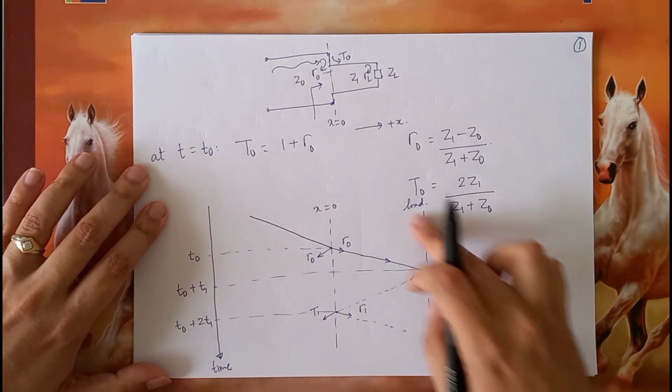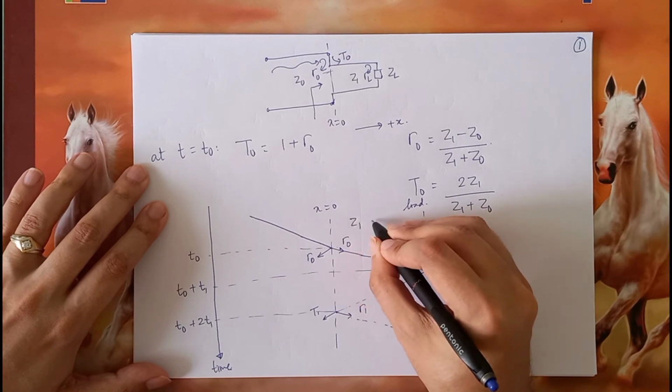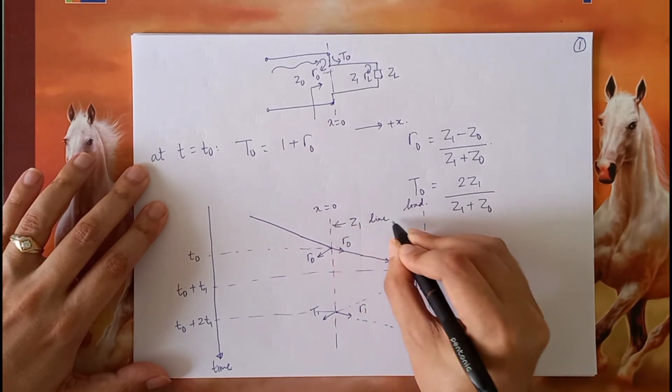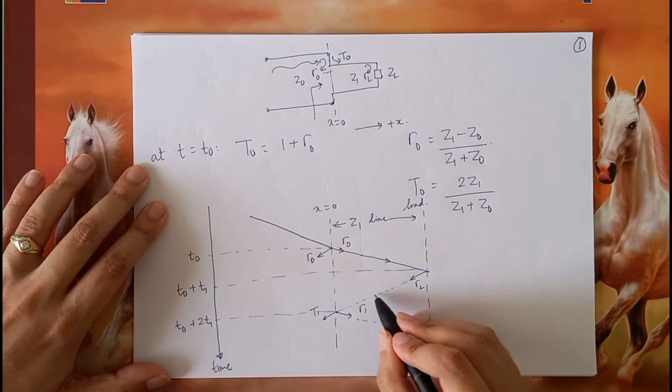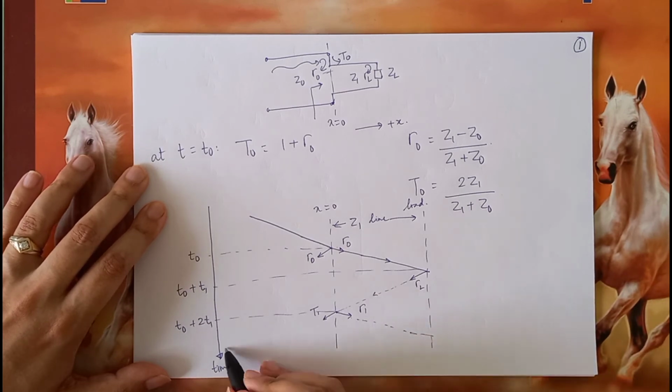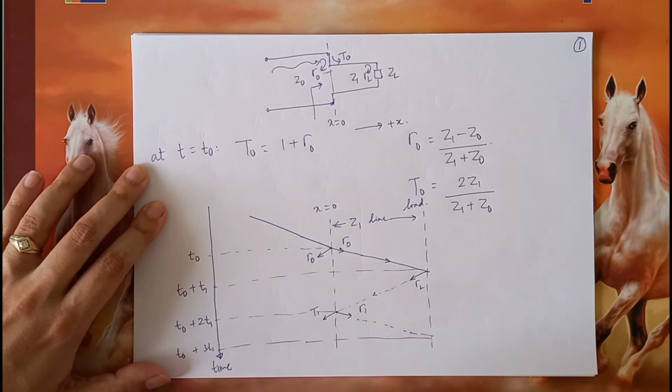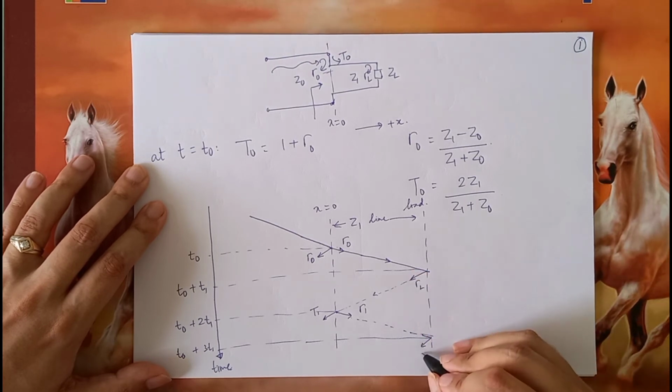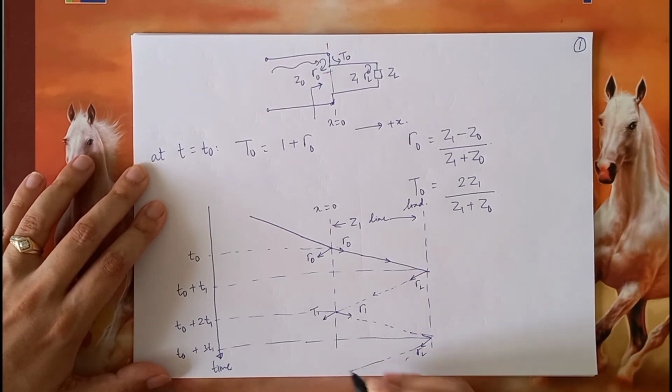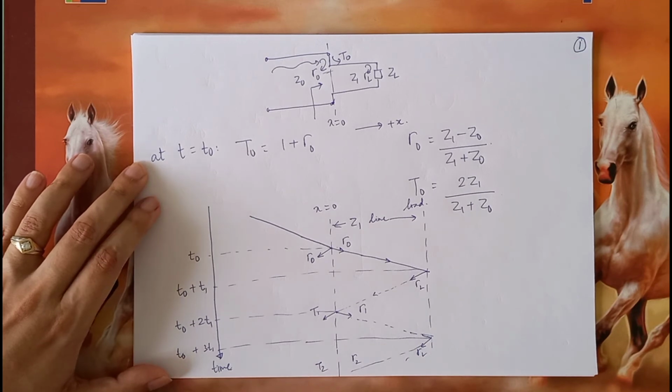Let us now look at only the Z1 section. So when this goes, it hits over here. This is at time T0 plus 3T1. There's one more reflection coefficient, same as the load reflection, that is gamma L, and that strikes back. And you have again some T2 and gamma 2. Well, it will not be T2 and gamma 2.